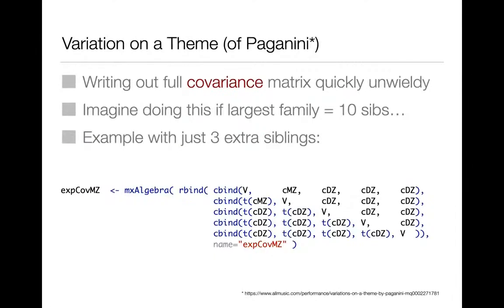So think about a situation where we now have 10 siblings and we have to extend this expected covariance matrix. That would be rather cumbersome. And here we've just shown an example with just 3 extra siblings, and that is quite a bit of extra writing. So let's see if we can come up with a variation of the parameterization that is more generalizable.